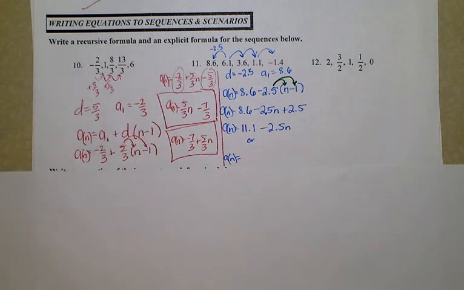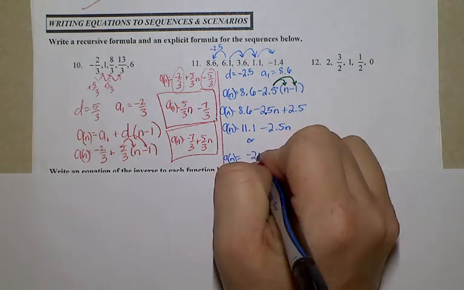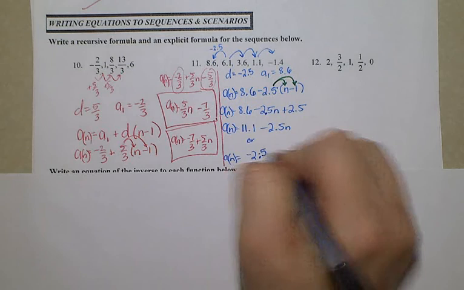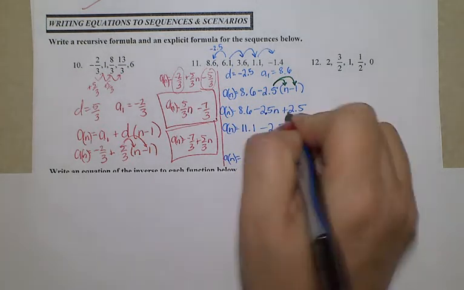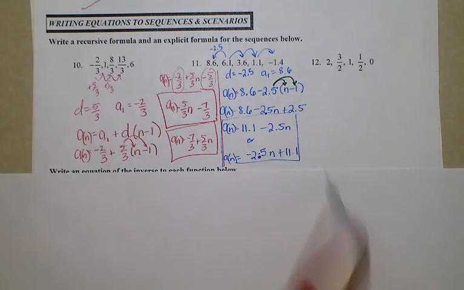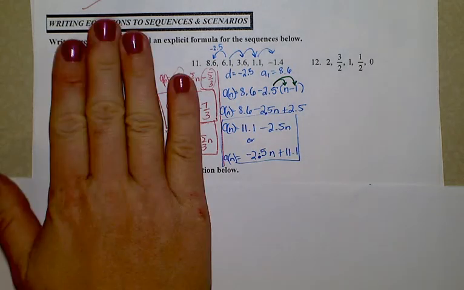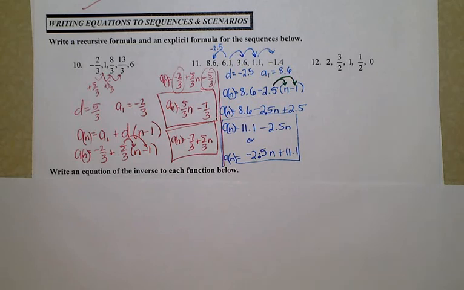Please do that. Put parentheses around the n. How many of you are able to come up with the same answer that I did? Hands up. Does anybody have a specific question for me about this? Okay, let's practice right now with your partner. You have a minute and a half to do number 12 with your partner. Begin.